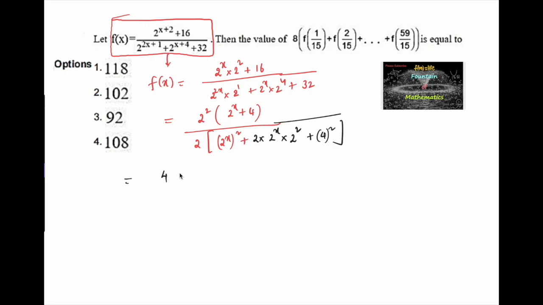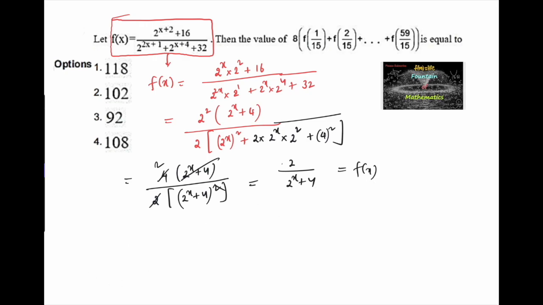So which is equal to 4 times 2 power x plus 4 divided by 2 times of 2 power x plus 4 whole square. So the common factor 2 power x plus 4 in the denominator will get cancelled. So we can write 2 upon 2 power x plus 4. So this is the function f of x.